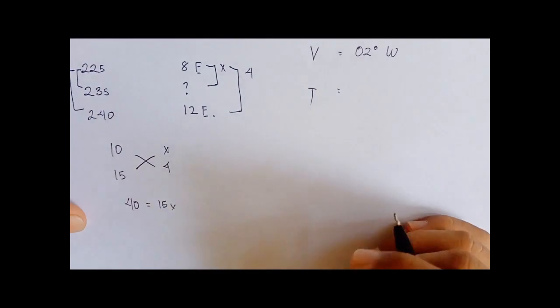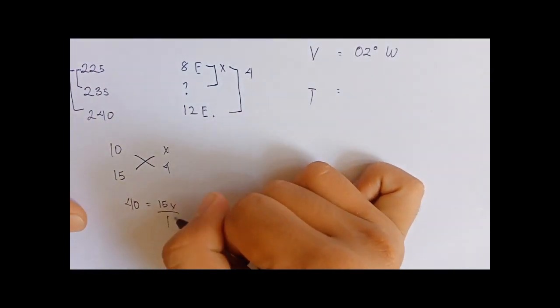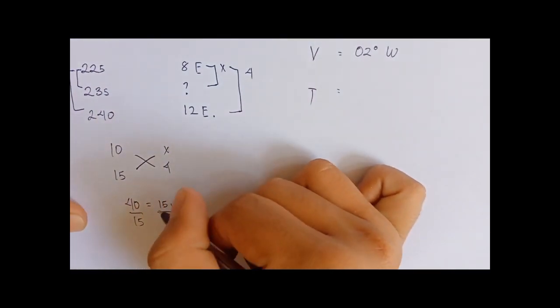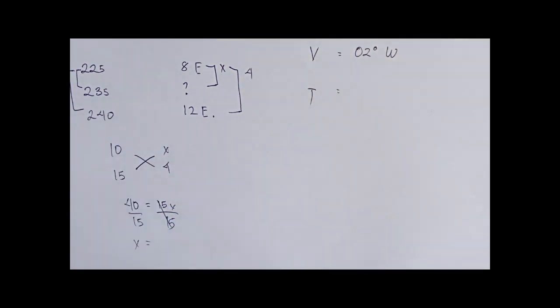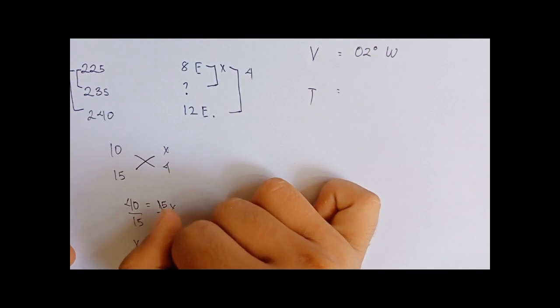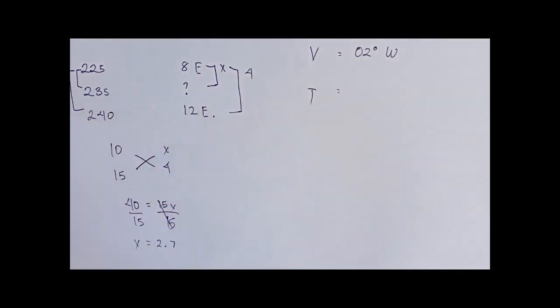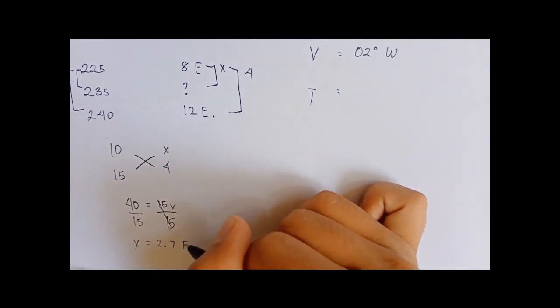Then divide both sides by 15, so x is equal to 2.7 east.